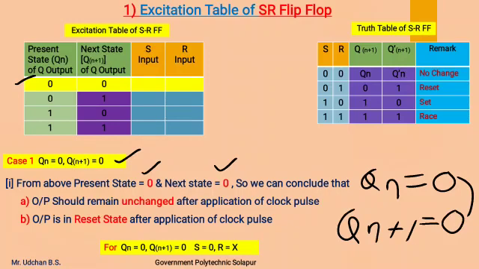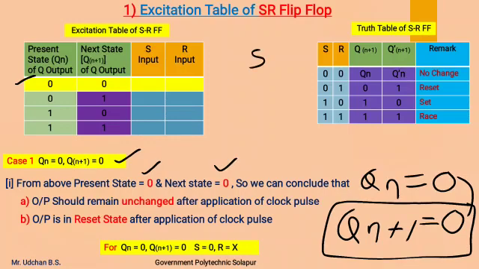Or else we can say that as Qn plus 1, that is the next state, is 0, the output is in reset state. These two conclusions can be made from the present state and next state of the output. For both these possibilities we are going to find the value of S and R. So I will write the value of S and R with respect to the two conclusions.